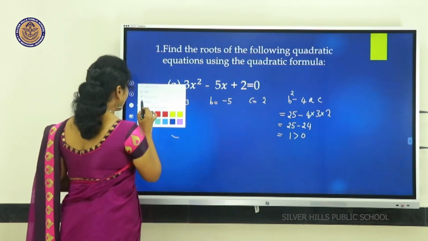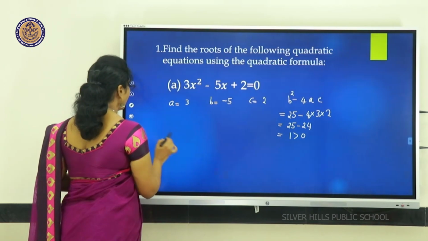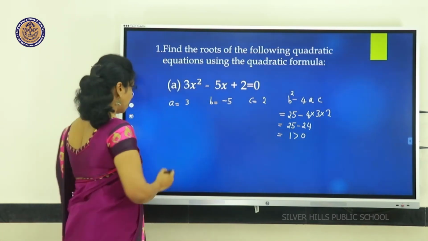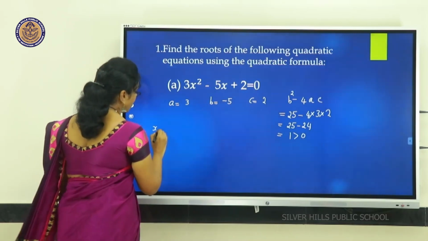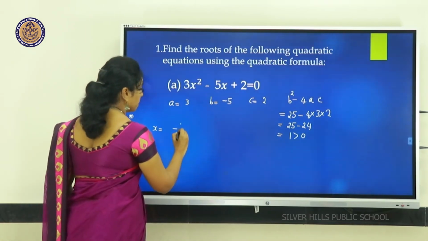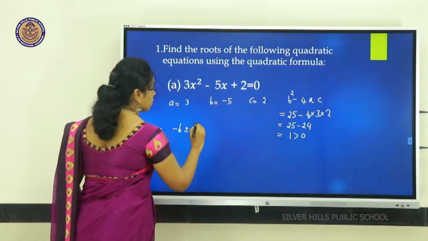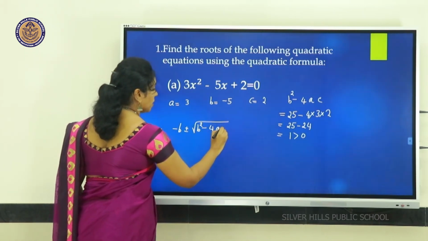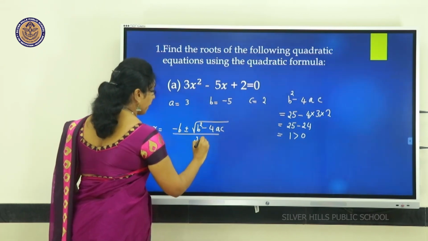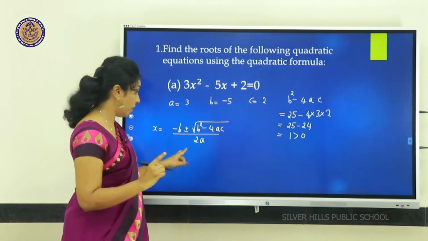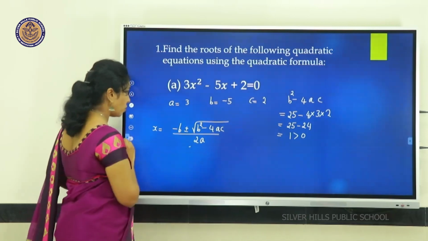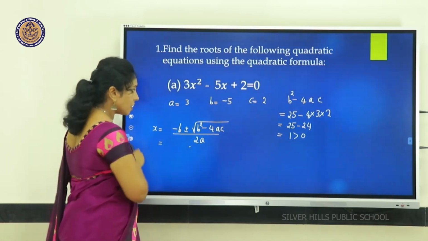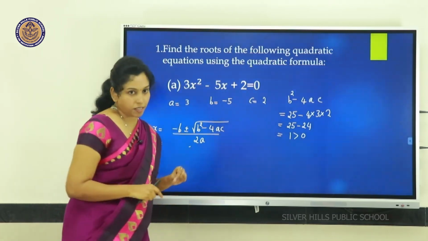So now let's see how we can substitute all these in the formula. What's the formula? x is equal to minus b plus or minus root of b square minus 4ac by 2a. It's by 2a, not a. Okay, so be very careful. By 2a. Now write all the values. Minus b, b is minus 5.